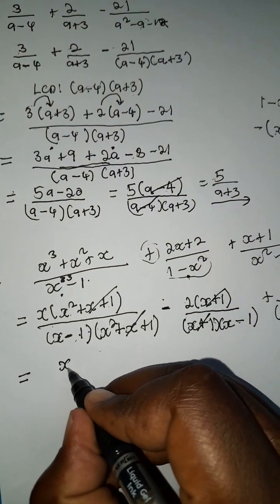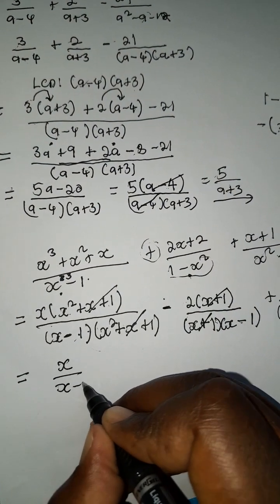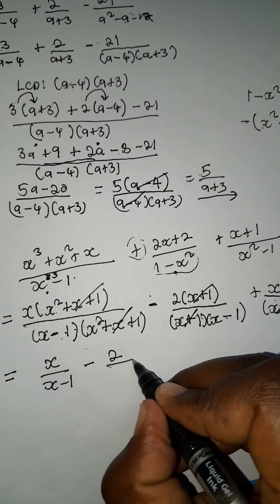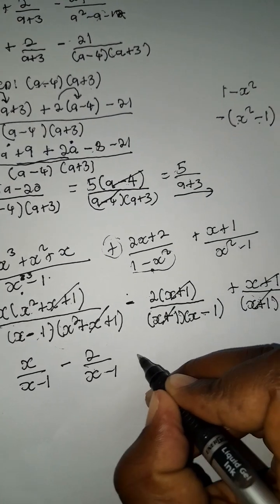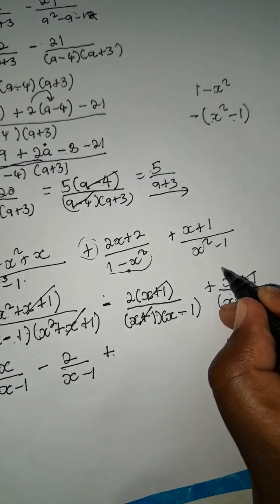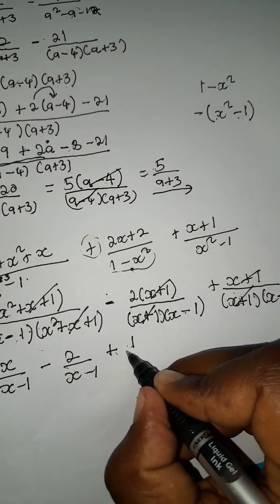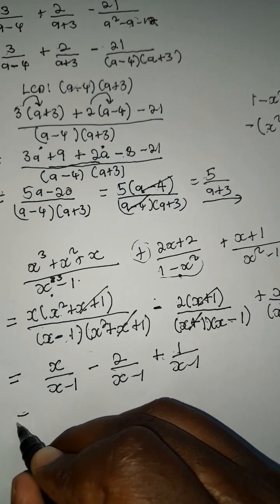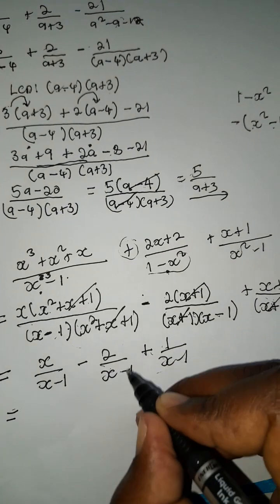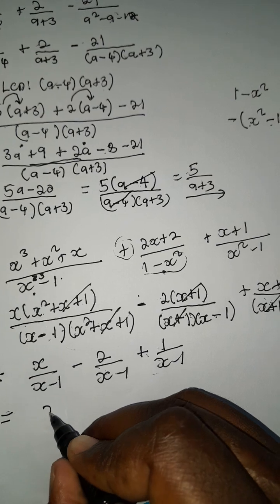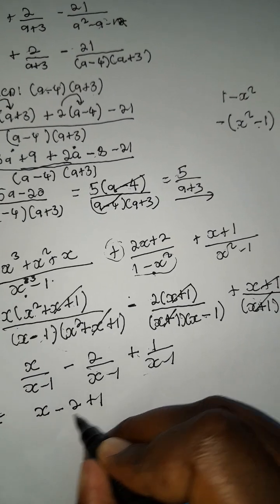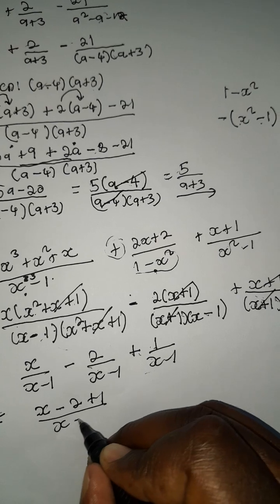You are left with x divided by x minus 1, as well as minus 2 divided by x minus 1, as well as plus, since we are left, the denominator will be left with 1 divided by x minus 1. So we can see that the denominators are the same. You add and subtract the numerator. So meaning that here we will have x minus 2 plus 1 divided by x minus 1.